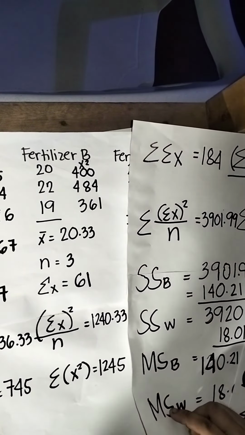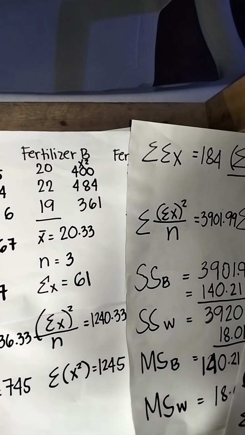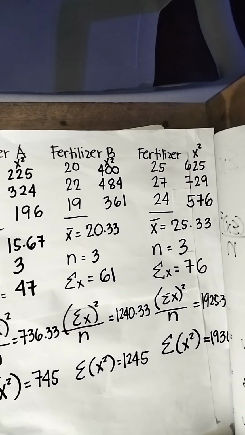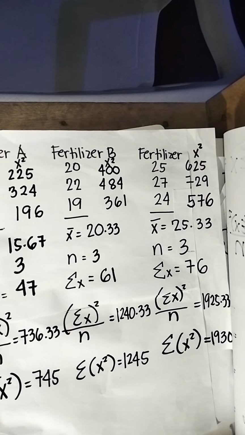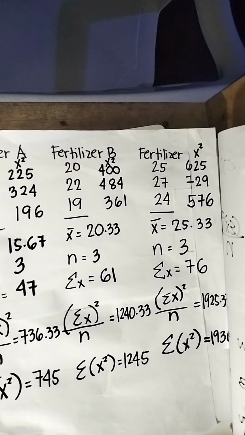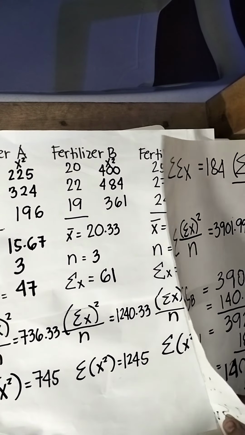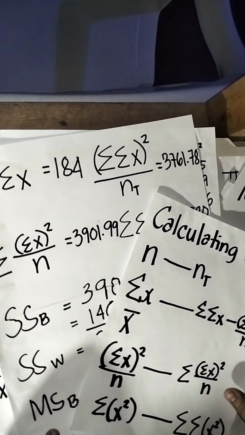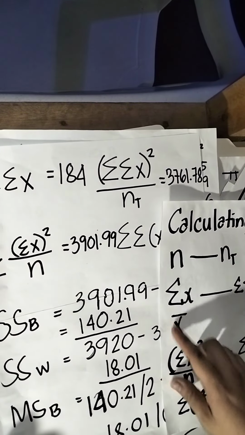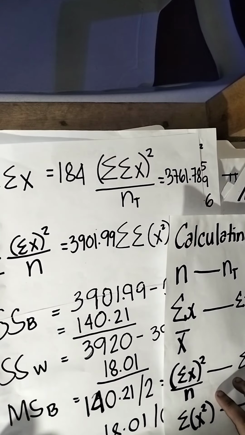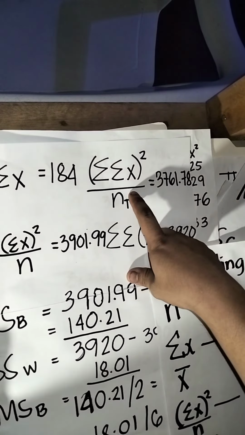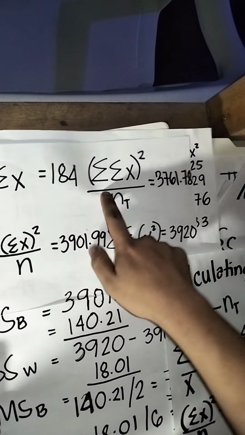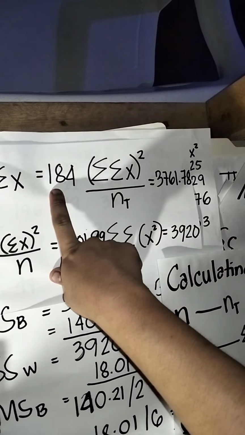So when we get the NT, or the total number of samples, we just add the samples of fertilizer A, fertilizer B, and fertilizer C. If we add all of the n, we get 3 plus 3 plus 3, which is equal to 9. So our summation of x is 184, right? Summation of x is equal to 184.